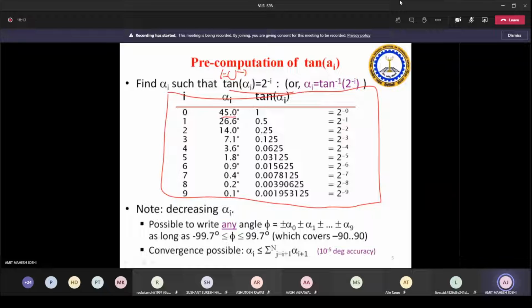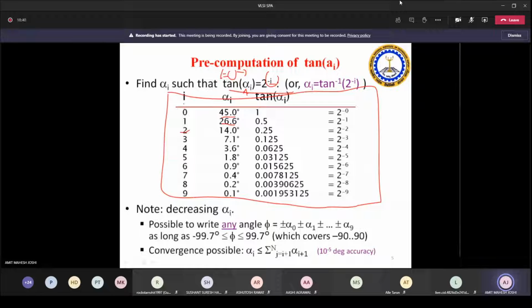Now similarly, I put i equal to 1. So 2 raised to minus 1 is 1 by 2, and the alpha value for that is 26.6. Similarly, I put 2. This way I am writing different i values and depending upon that, calculating the alpha value of tan alpha i.